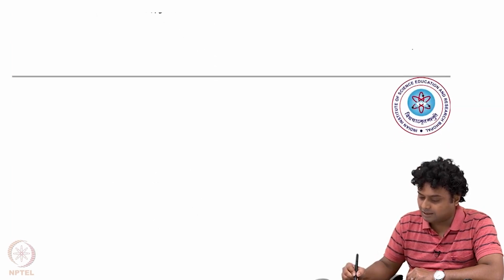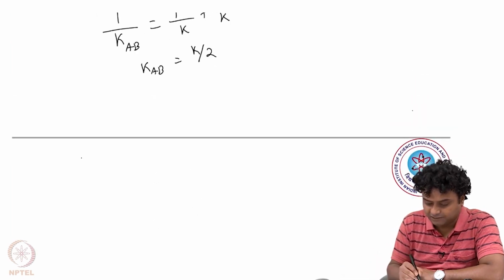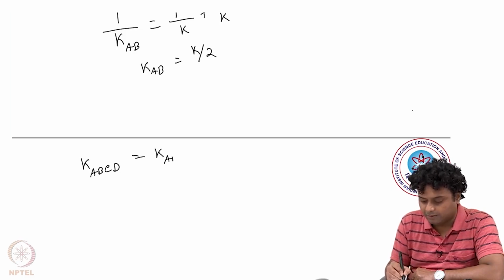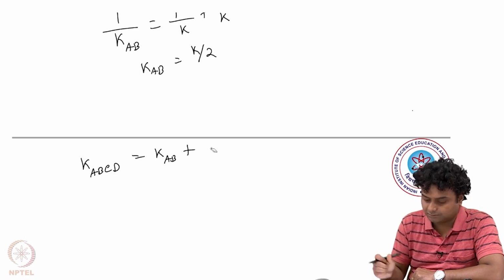Again, AB and CD are in parallel. So KABCD, the whole left hand side of the structure, is equal to KAB plus KCD, and KAB equals K by 2.